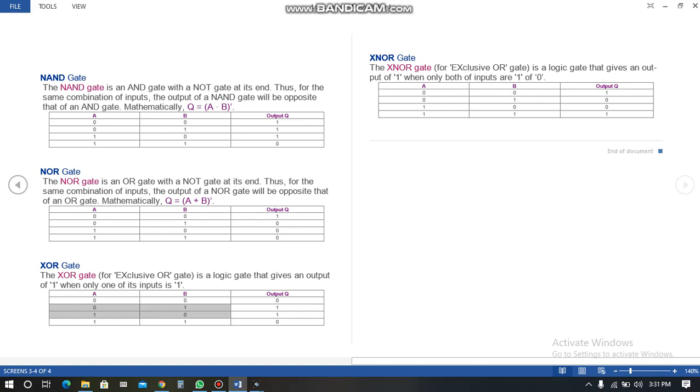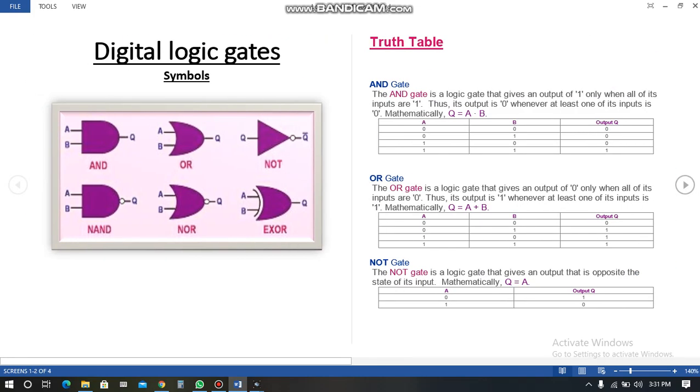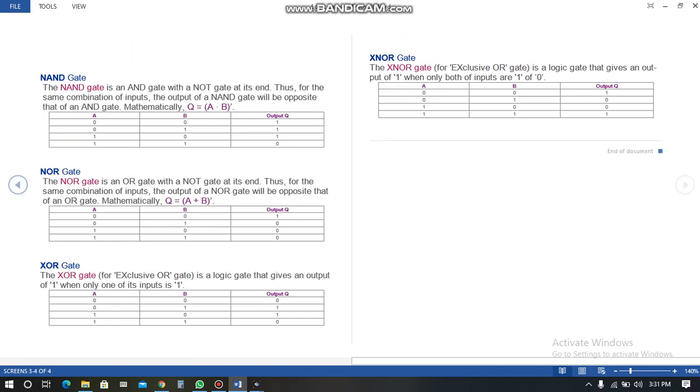So now we come to the opposite or reciprocal gates of these 3 gates: AND, OR, and XOR. The opposite of AND is NAND, which means not an AND gate, so the operation will be opposite to that of AND. Whenever we get two highs in the input, we get a low, and in all other cases, where any one is high or both are low, we get a high output.